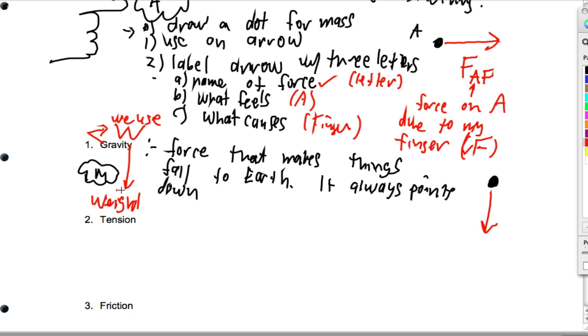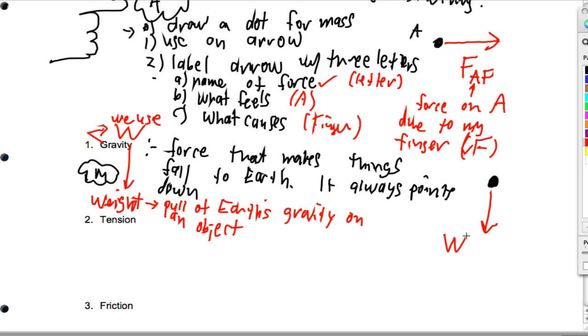So now you have a definition. Weight is exactly the pull of Earth's gravity on an object. So we're going to have the weight on the mass due to the Earth using this convention.